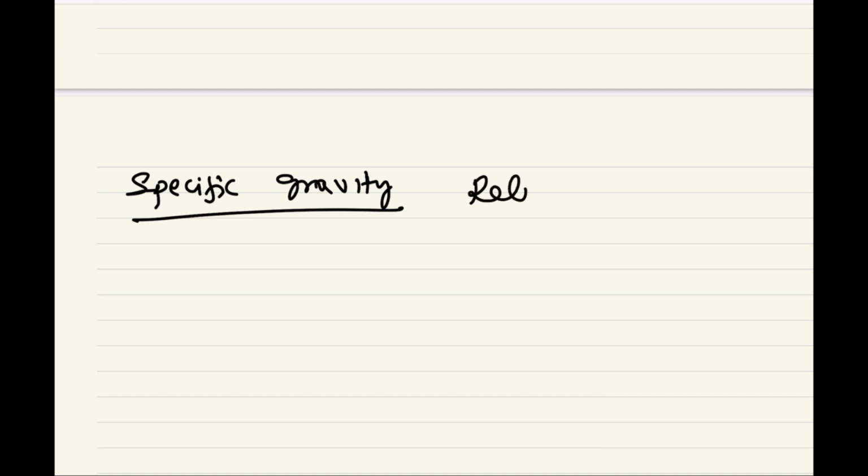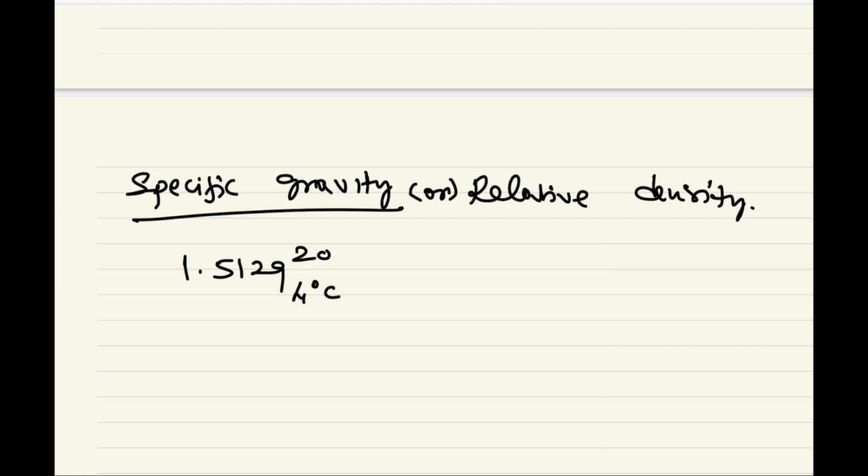Let us understand what this specific gravity is. This is also called relative density. What does it mean when it is given as 1.5129, 4 degrees centigrade, 20 degrees centigrade? What is the meaning of this?